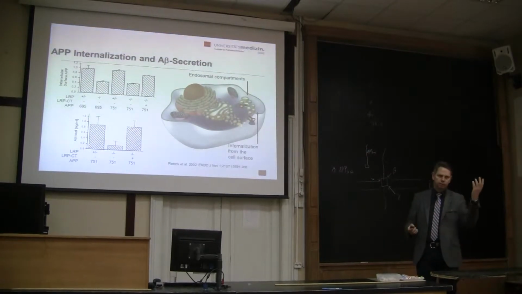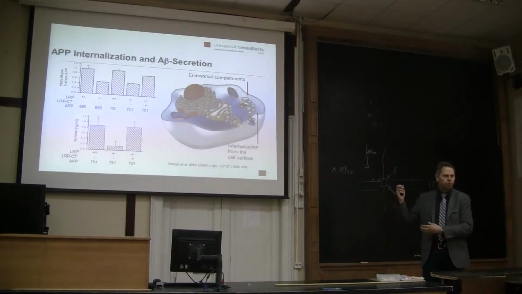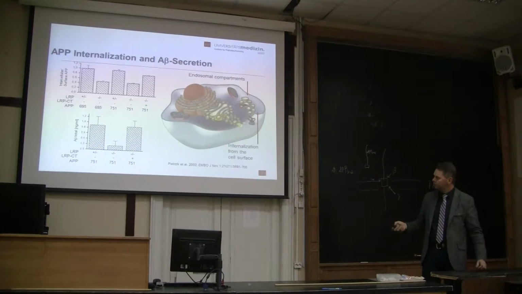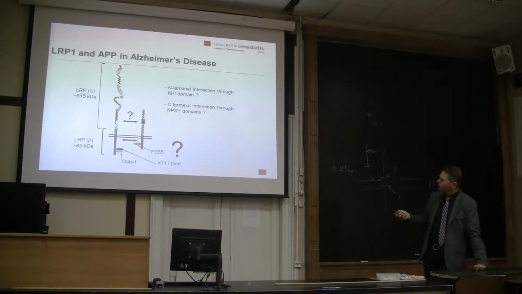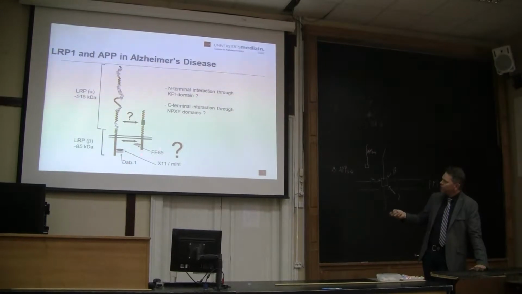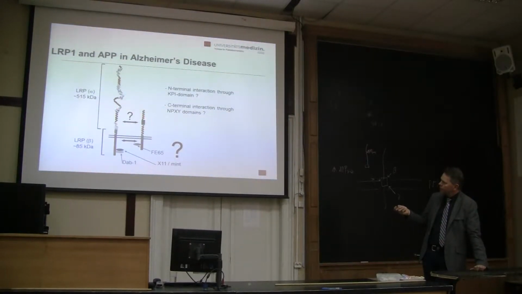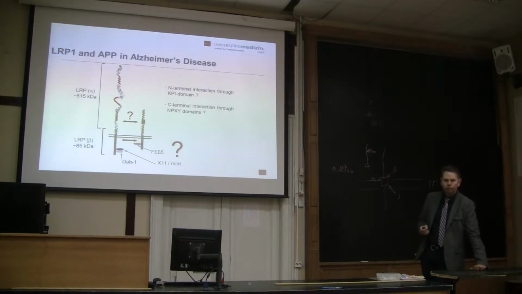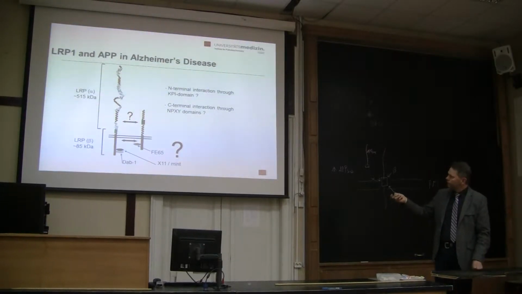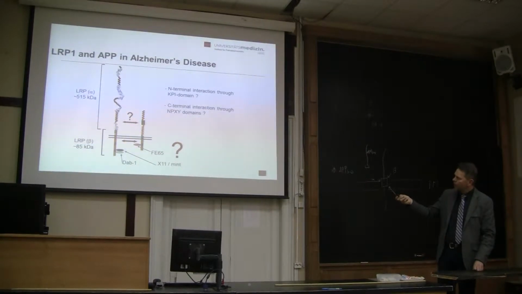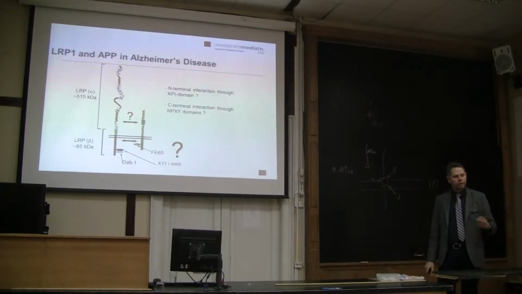APP is internalized, A-beta is generated. And then we take one other protein away and everything is messed up. So how is that possible? That if we take away this huge protein, APP is somehow affected? First, we thought, okay, maybe the interaction between APP and LRP goes through the N-terminal part, so outside of the cell. There was a publication showing that this domain here, the so-called KPI domain, is involved in the interaction.